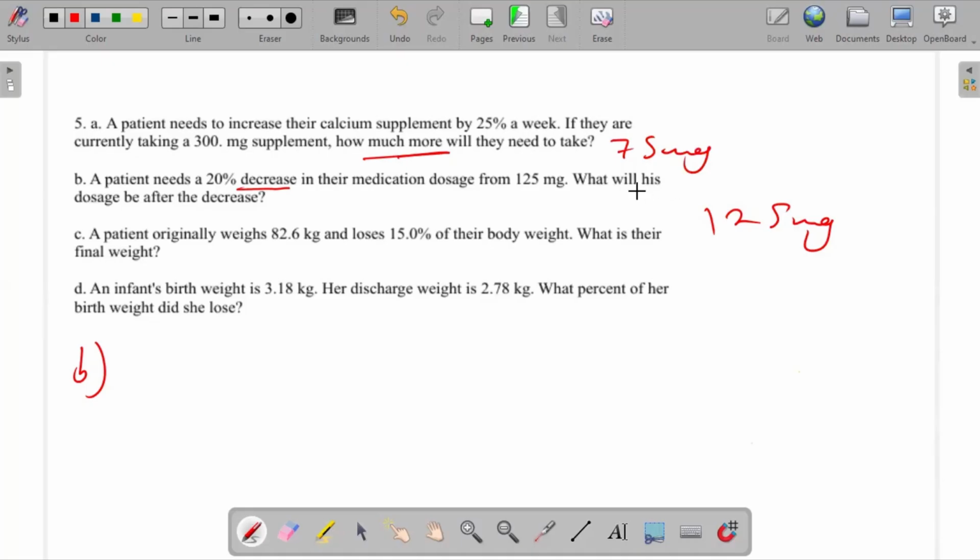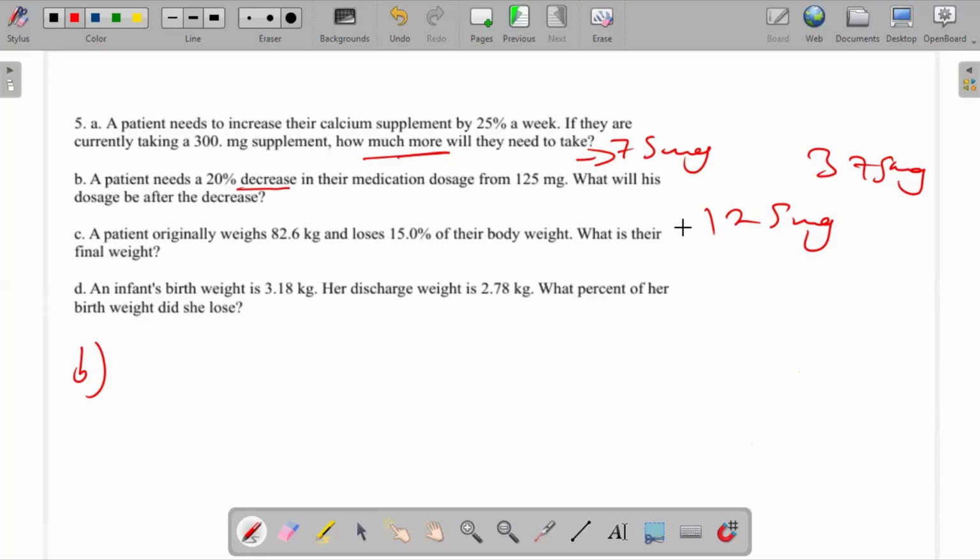That's how much more they should take for them to get the 375 milligram. Thank you so much, sir, for that, really appreciate you. So how much more you should take is 75 milligram for the supplement dose to increase by 25%. So that's what we have there.